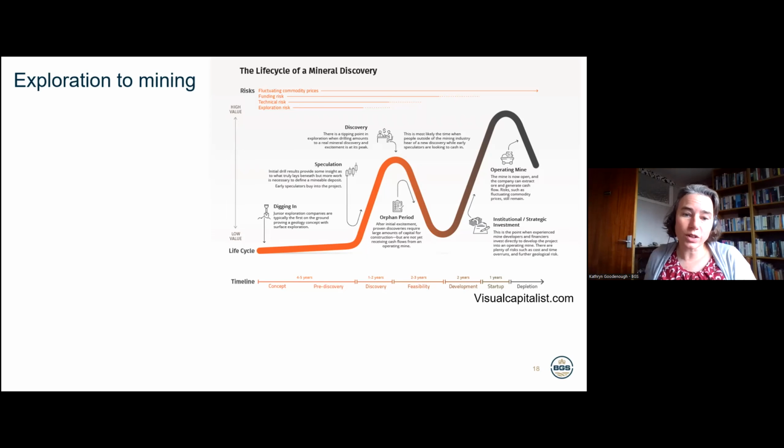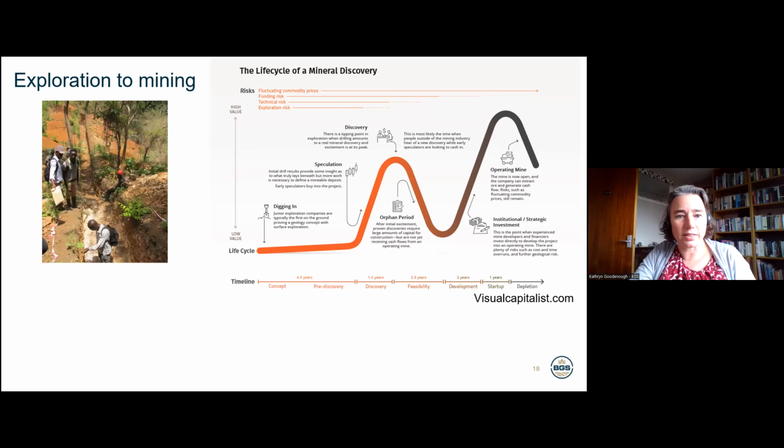So say you start out with exploration, and a geological survey geologist like me has said, oh, there's some really interesting geology here. There is potential for a mineral deposit. So then a junior exploration company will go out and try and do some work to prove that that mineral deposit exists. And this is the start of this life cycle of the mineral discovery here.